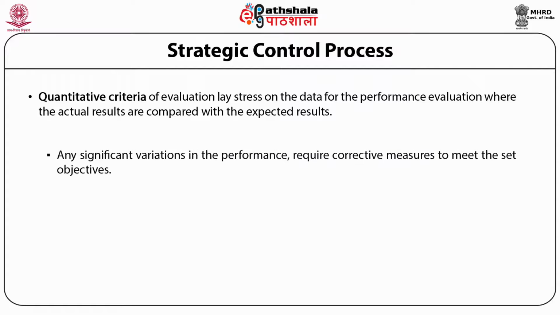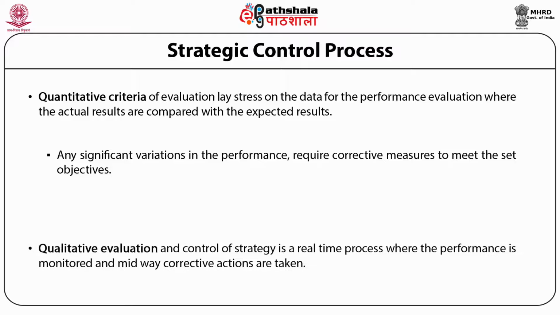If there happens to be a significant variation in the performance, corrective measures are taken to meet the set objectives, while the qualitative evaluation and control of strategy is a real-time process where the performance is monitored and midway correction actions are taken.